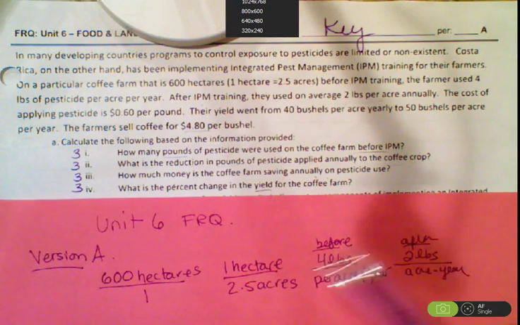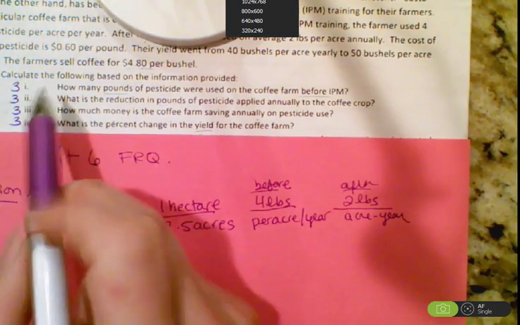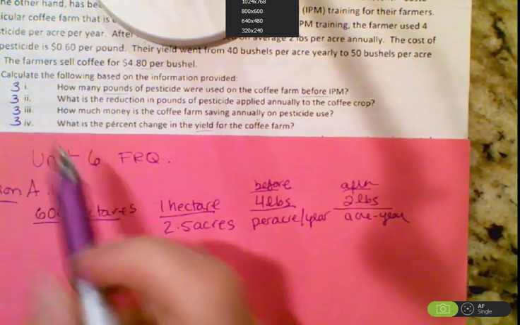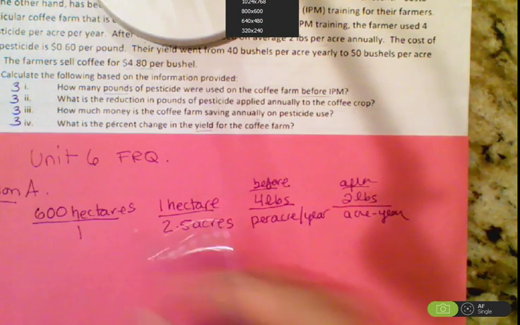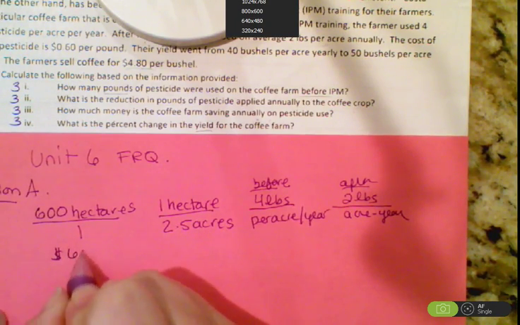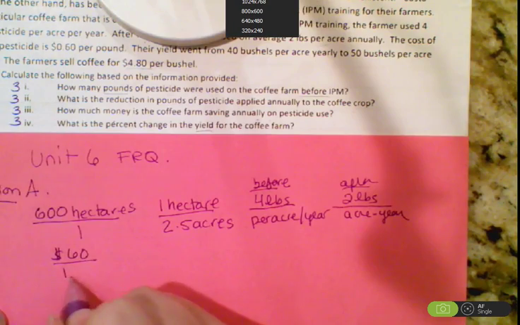Okay, the cost of applying pesticides is $60 per pound. So the cost for pesticides is $60 per pound.